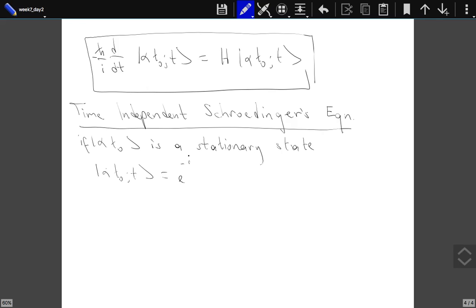This is nothing but e to the power minus i over h bar E_alpha (t minus t0) times alpha t0. So its time derivative is just minus i over h bar E_alpha times itself.